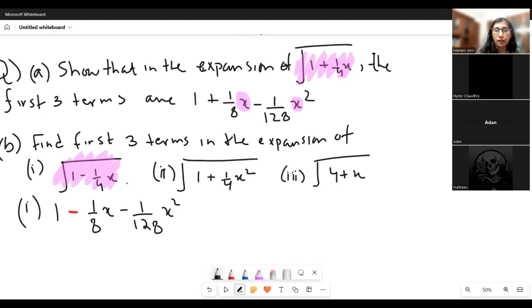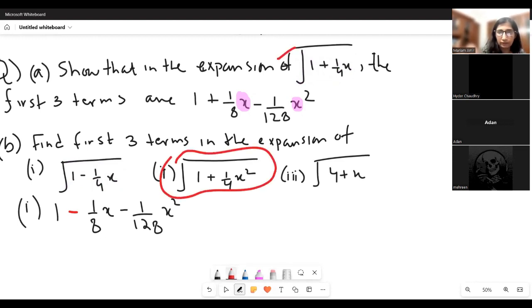Okay. Now tell me, what is the relationship between this and this? Now x is being replaced with x squared.